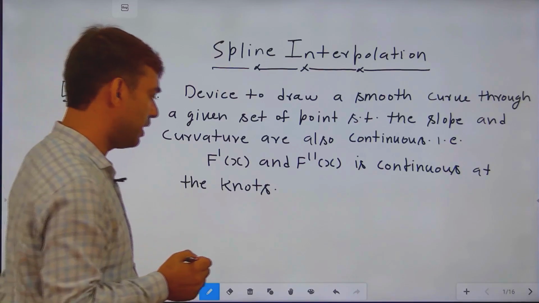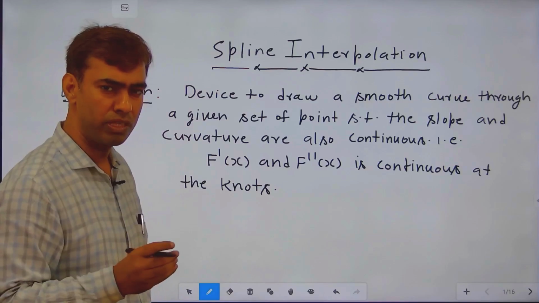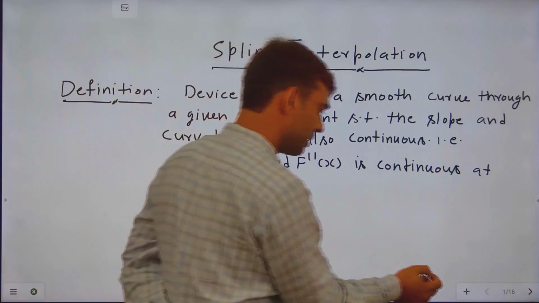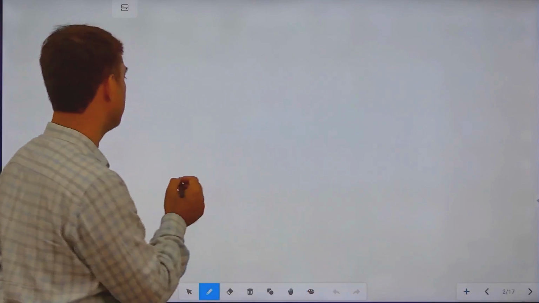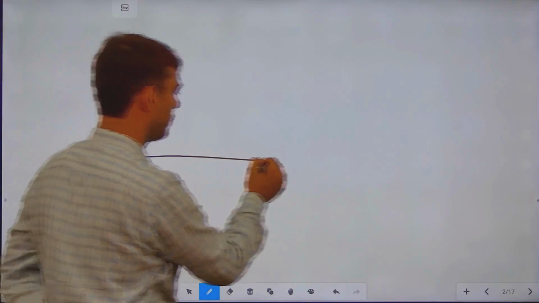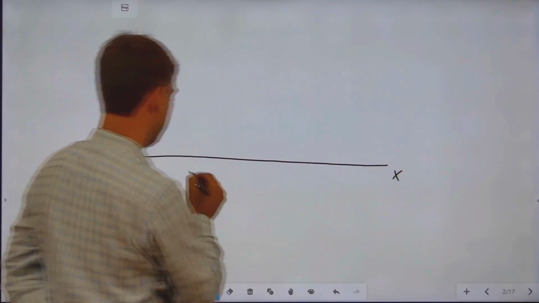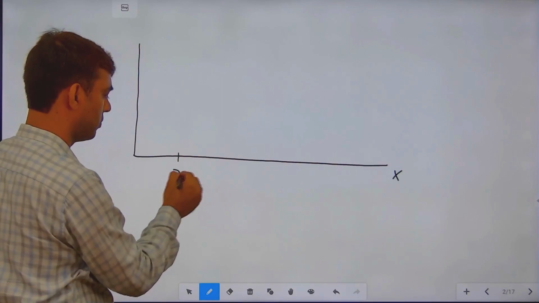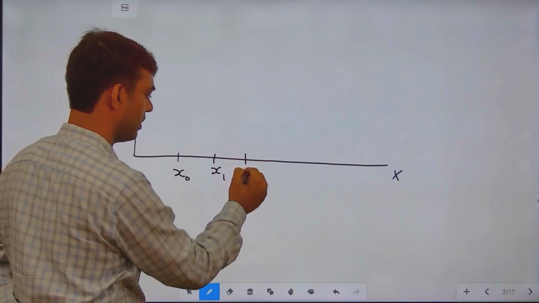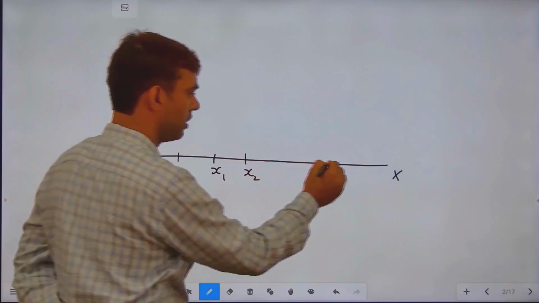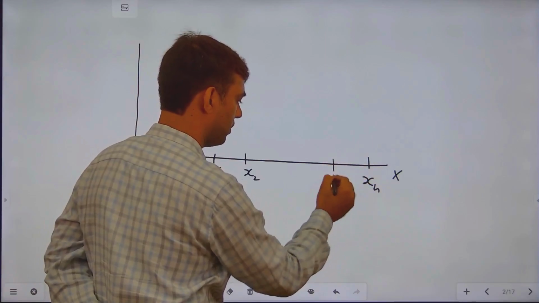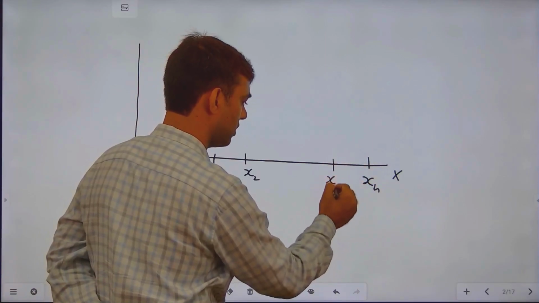Now let us explain graphically what is the meaning of a spline. On the x-axis there is one point x0, another point x1, similarly x2, and the last point is xn, and the second last point is xn minus 1.